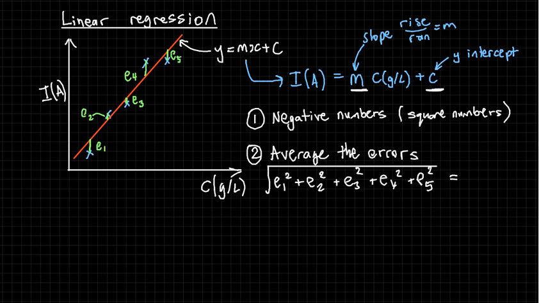And this gives us what's called our chi value. Now this is a Greek symbol, and that's the English equivalent, chi.